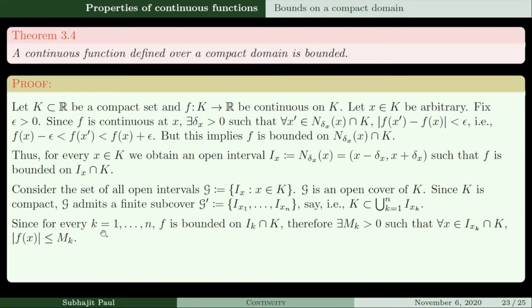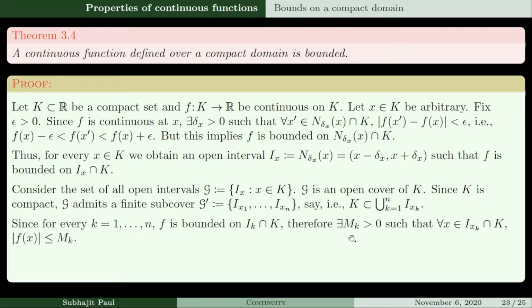Now, since for every k from 1 to n, f is bounded on I_xk intersection K, there exists an M_k positive number which will act as a bound of f in that kth interval around x_k.